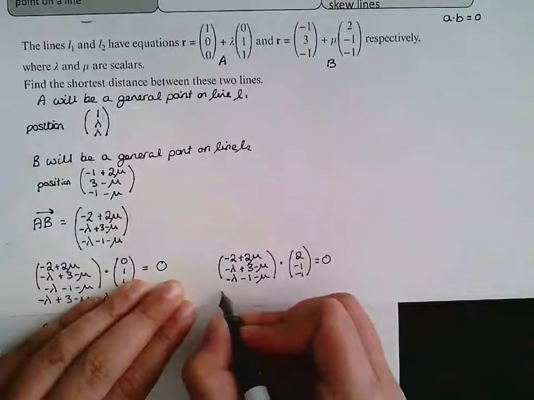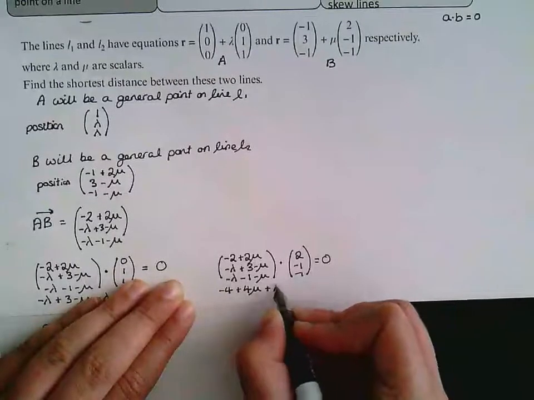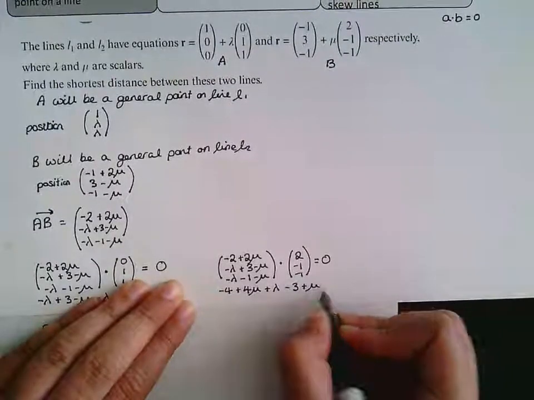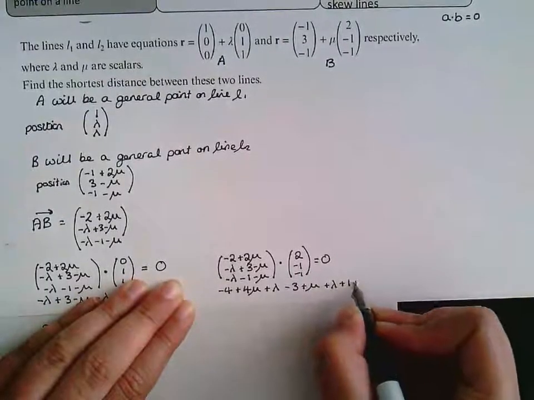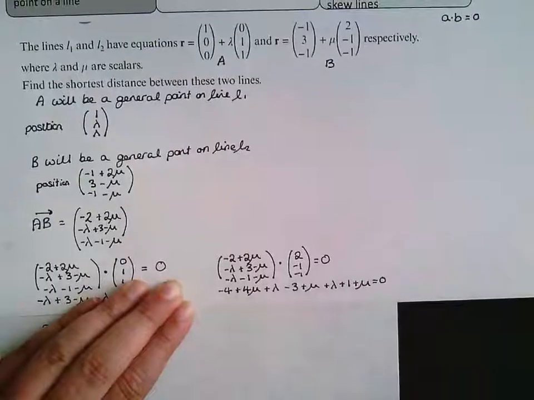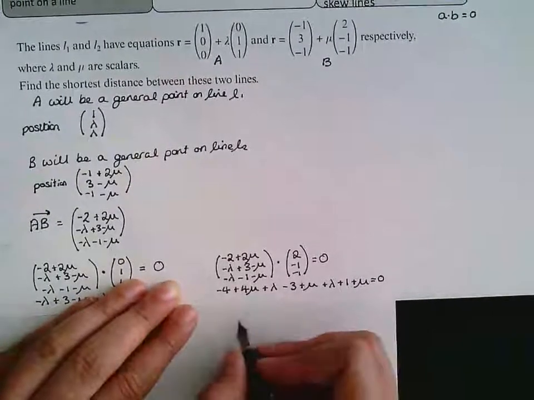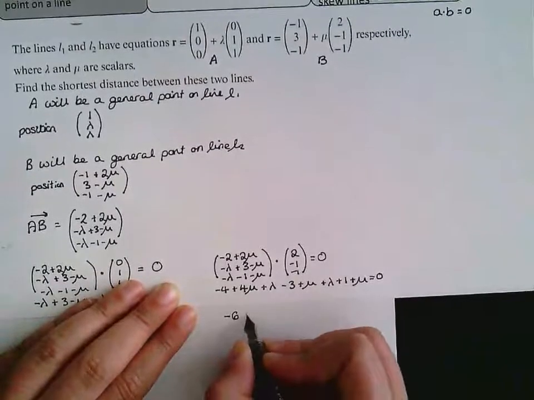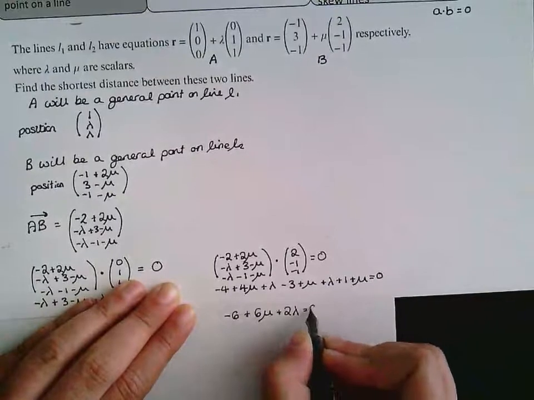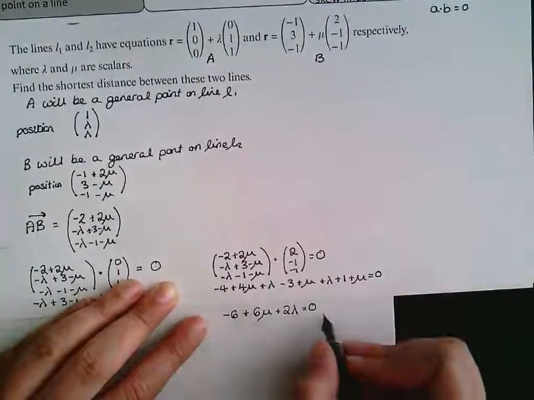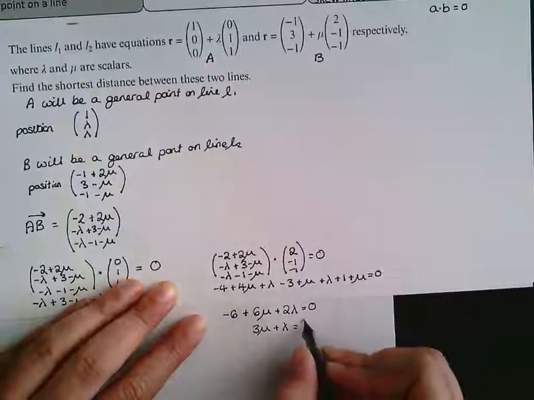So we will have minus 4 plus 4 mu plus lambda minus 3 plus mu plus lambda plus 1 plus mu equals 0. Collecting terms, we've got minus 6 plus 6 mu plus 2 lambda. I'm going to divide everything by 2, and take this term to the other side.